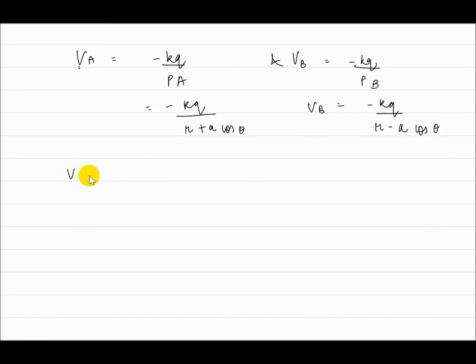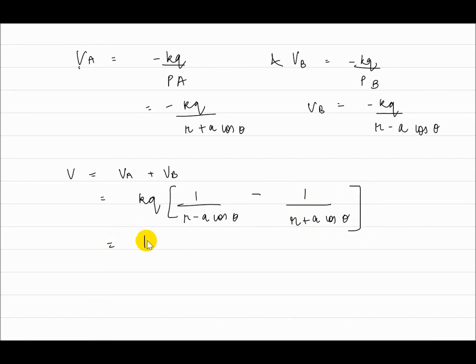So to find the net electric potential, we add them, VA plus VB. We take kq common to avoid steps of calculation. We write 1 upon r minus a cos theta minus 1 upon r plus a cos theta.